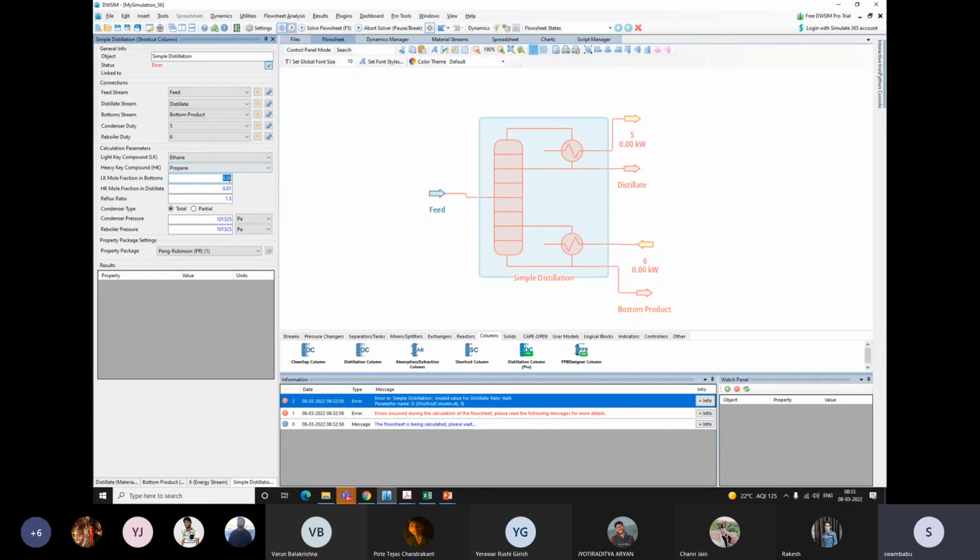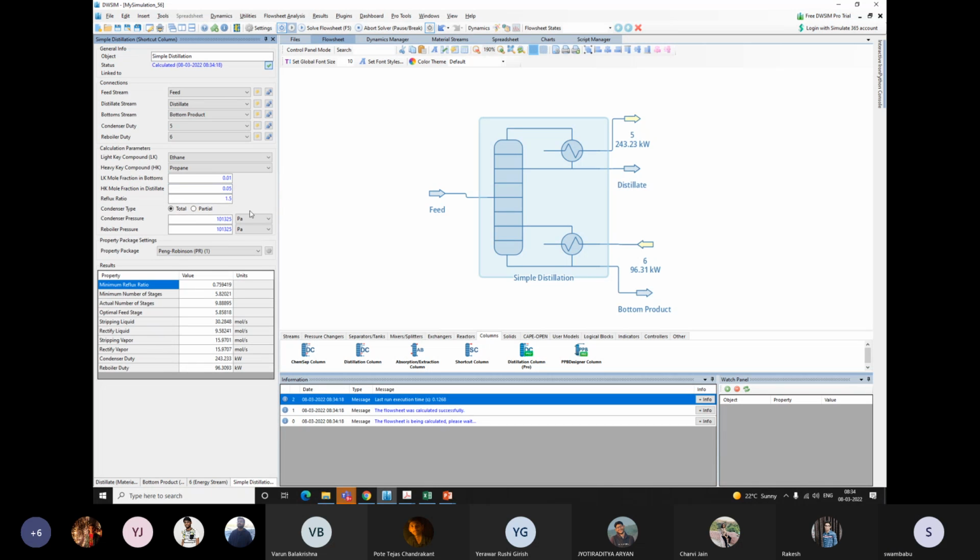Whatever conditions you want, let's say I want the light key mole fraction in the bottom, ethane composition in the bottom, as 0.01, and the heavy key mole fraction in the distillate as 0.05, and enter. So it automatically gives you all the values. It calculates for the required specifications: minimum reflux ratio, minimum number of stages, actual number of stages, and everything.